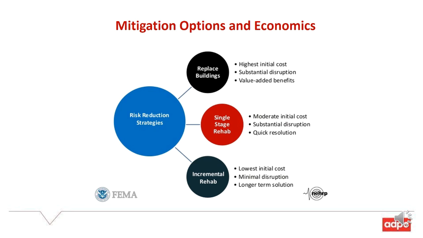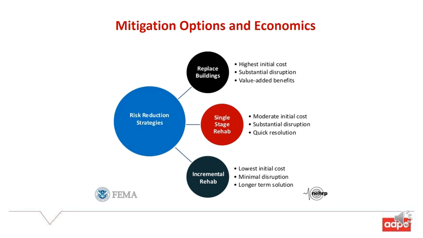So there are different mitigation options when it comes to economics. For risk reduction strategy, one is to replace the buildings: highest initial cost, substantial disruption, but value-added benefit, of course, because we can go with different designs and sizes, which add to the value.